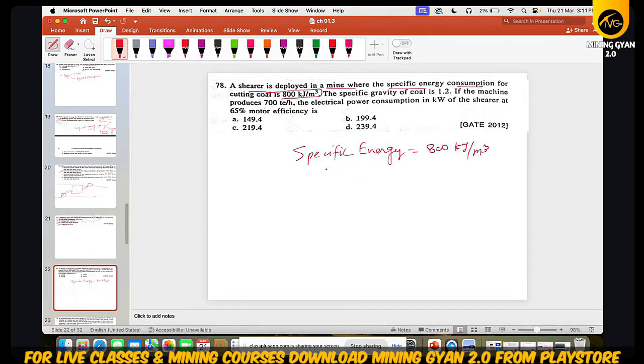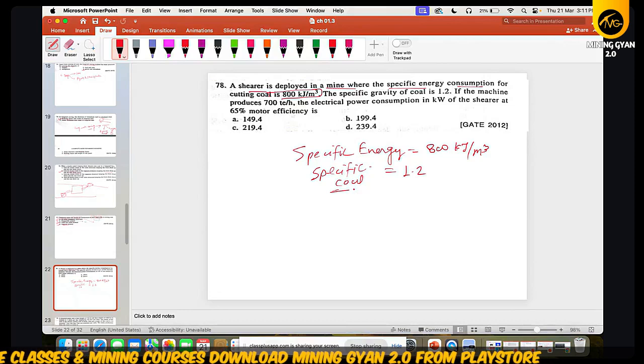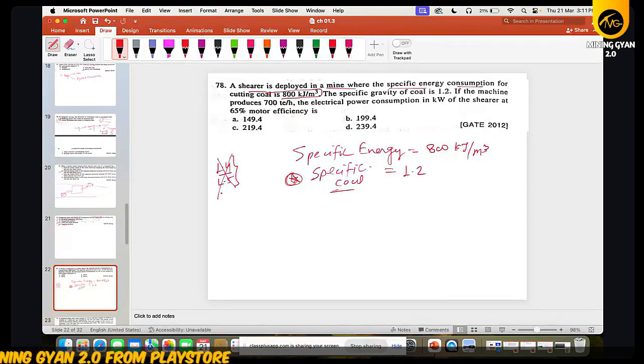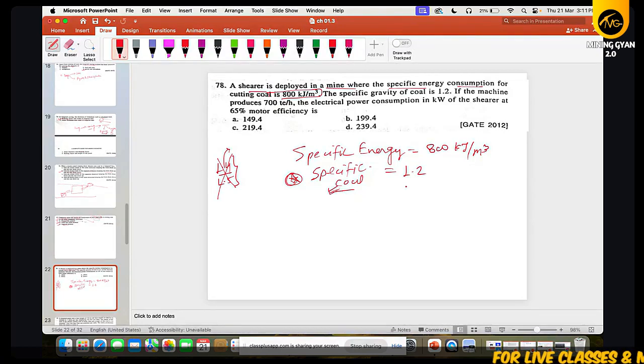And specific gravity we have to take 1.2 of coal. You should read properly, because sometimes it can be 1.4, 1.5. It depends upon the numerical, how much specific gravity of the coal he has provided. So he has given us 1.2.